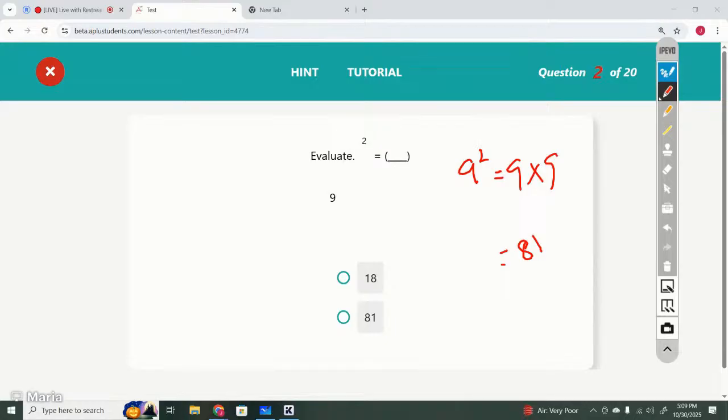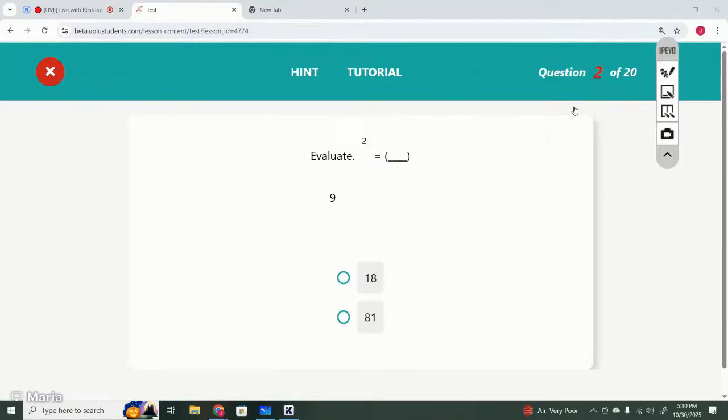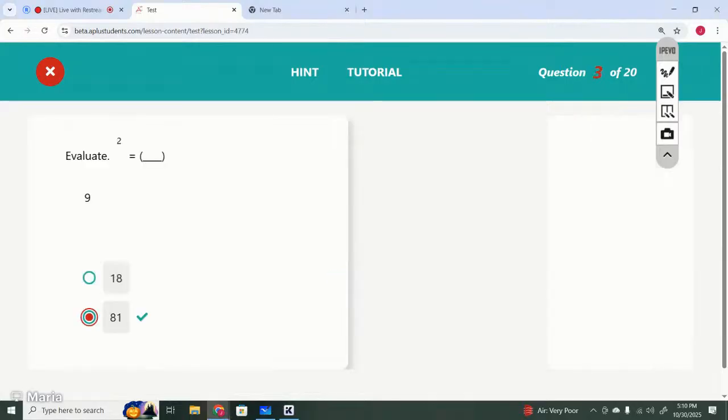Option number 2 is the correct option. 81 it is.